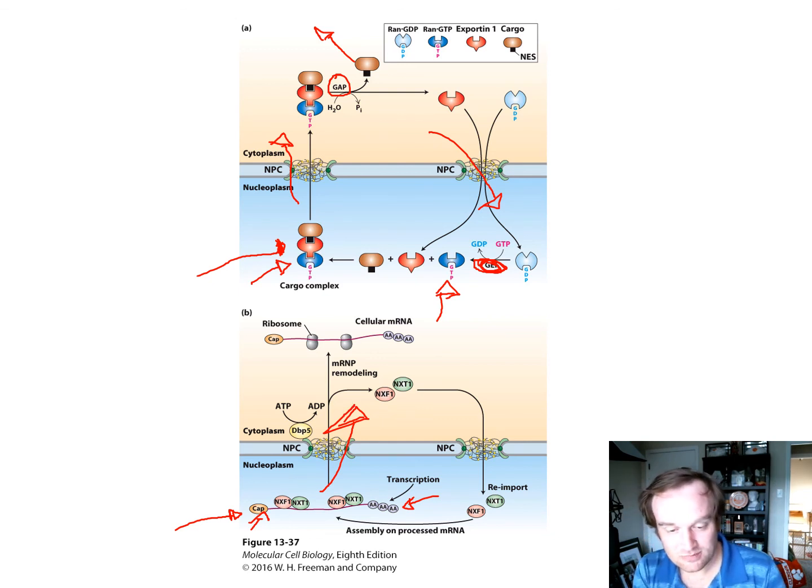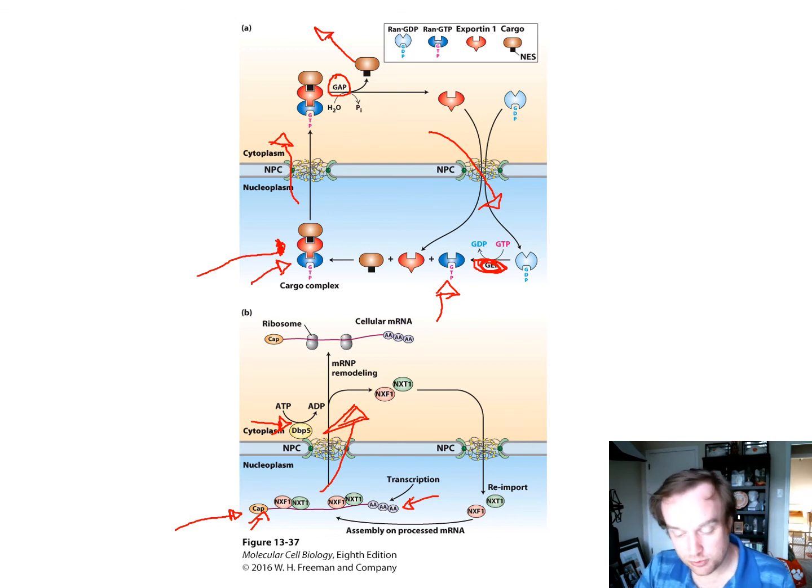And in the cytoplasm, there's an RNA helicase that we call DBP5, right down there. DBP5 is there to use ATP energy, so ATP converted to ADP, to remove NXF1 and NXT1 from the mRNA.